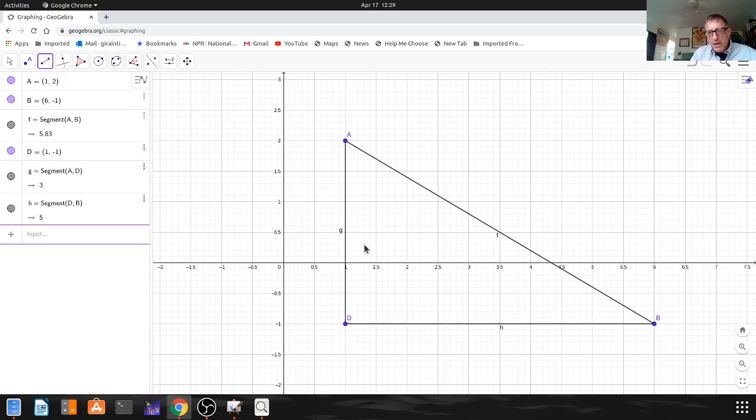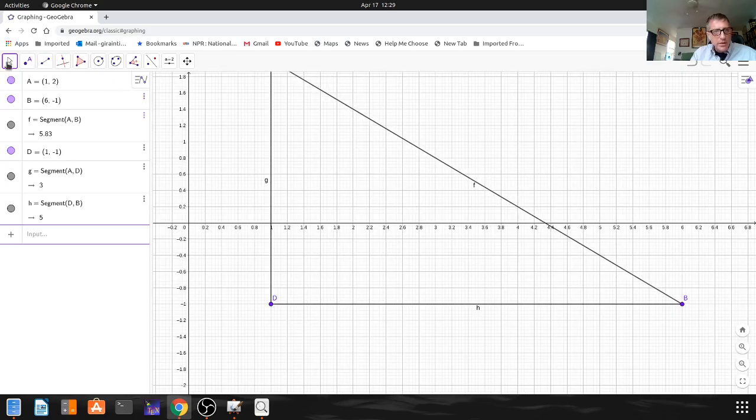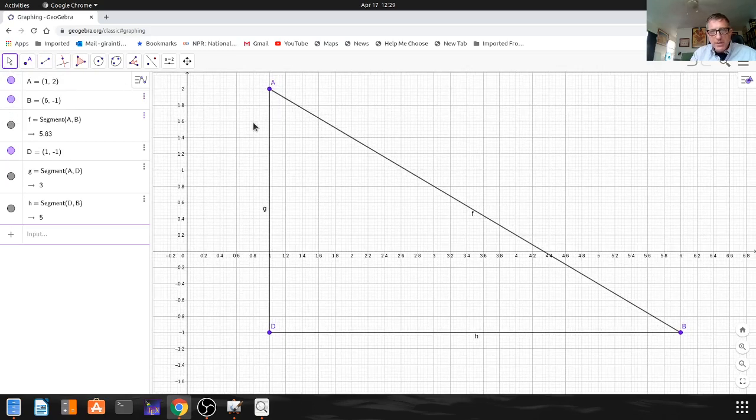So if I know the distance of G, let me center this for you and make it bigger. If I know the distance of G and the distance of H, then I can square them, add them together, take the square root, and I'll have the distance of F. So that's precisely what we're doing.